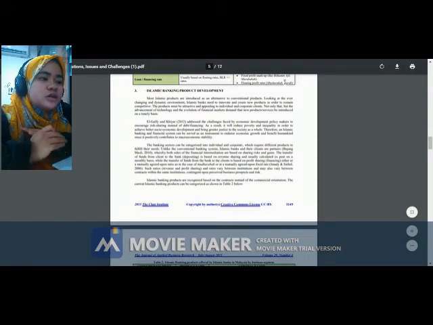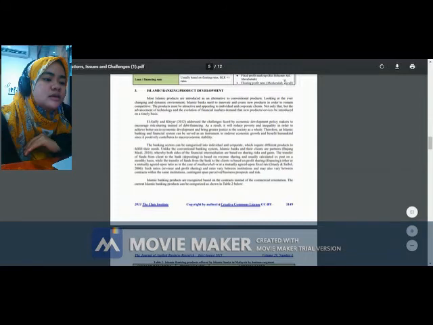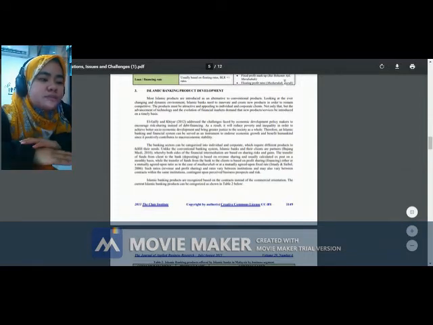Islamic banking in Malaysia began in 1963 when Tabung Haji was established. But the first Islamic bank in Malaysia was established in 1980, which we now know as Bank Islam Malaysia Berhad.